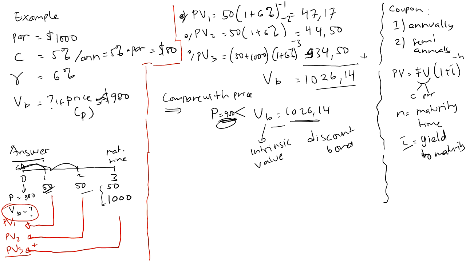All right. From this logic of calculating all the benefits of the bond into the discounted value, or intrinsic value, from all this analysis, an equation is formed: the equation of bond valuation.